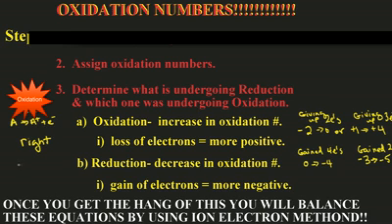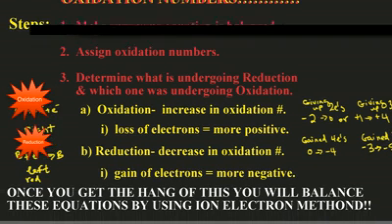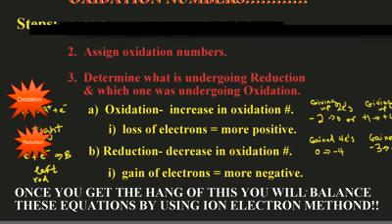And then for reduction, the electrons are on the left side. That's for reduction. And we will use what's called the ion-electron method to balance these equations once you get familiar with how to assign the processes.